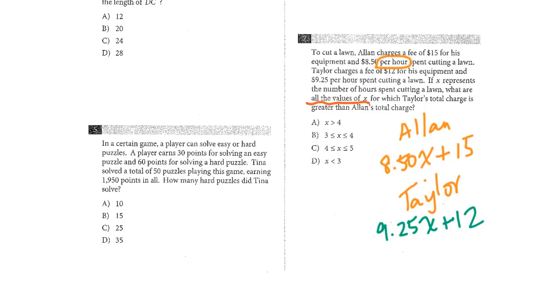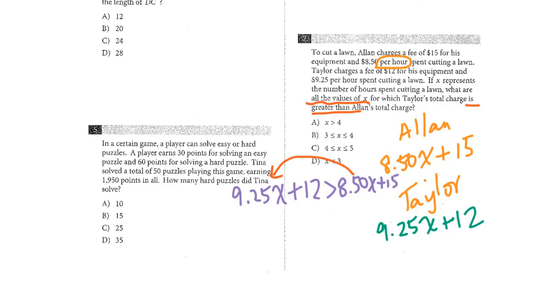Alan's total charge. So greater than, that means inequality. We will set up the inequality like this: 9.25x plus 12 greater than 8.50x plus 15. Then we solve for that. We subtract 8.50x from both sides.